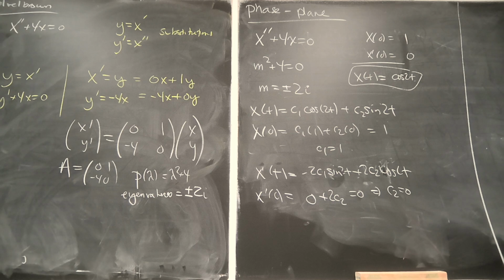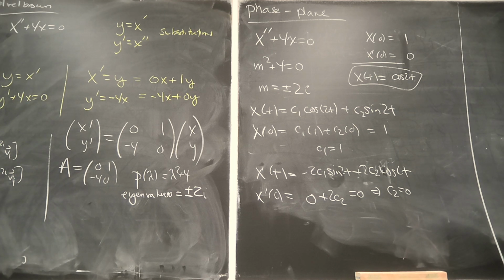Now, because these are complex eigenvalues, I know that my general solution looks something like this. X of t is equal to c1 times the real part of e to the minus 2i v1, I'm not going to find v1, plus c2 times the imaginary part of e to the minus 2i v1. What I want you to imagine here is that these are sines and cosines, and I'm putting them inside vectors, so I get sums of sines or cosines in the entries.